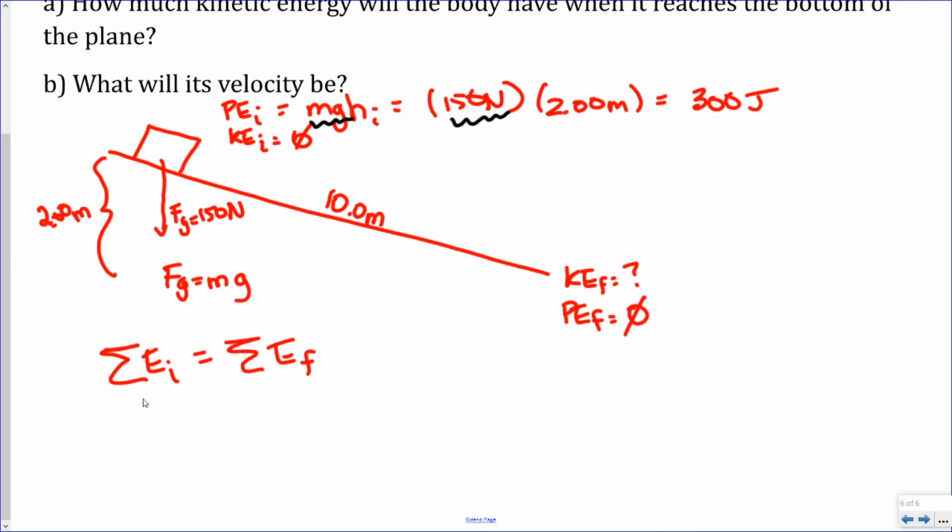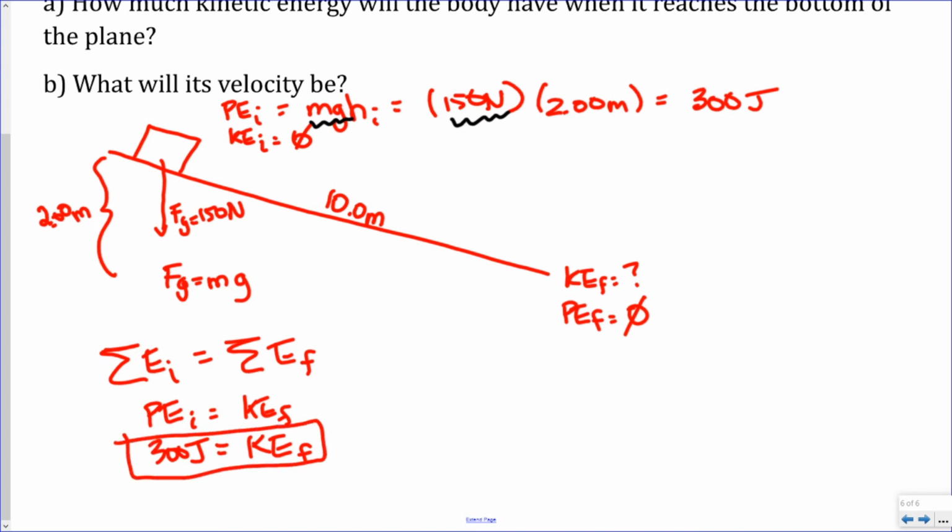My net energy initial, since kinetic energy is 0, is just my potential energy initially. And my net energy final is these two added together, but this one's 0, so it's just my kinetic energy final. We actually know what this is. It's 300 joules. We calculated it, and this is what we were looking to find, the kinetic energy final. So there's my answer.